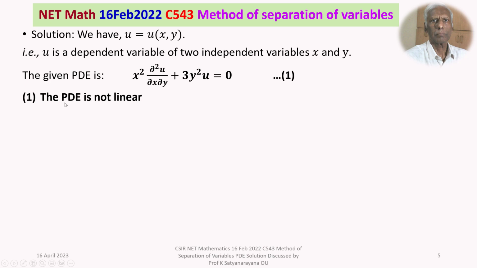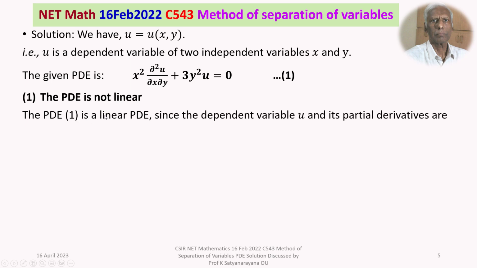We now consider option 1. The partial differential equation is not linear. Is it linear? That's the question. Now, observe that the PDE 1 is linear. Why? Because the dependent variable u and its partial derivatives are occurring in the first degree, and they are not multiplied together.